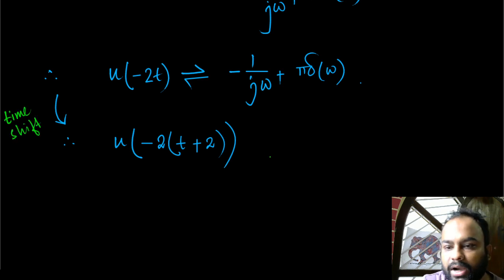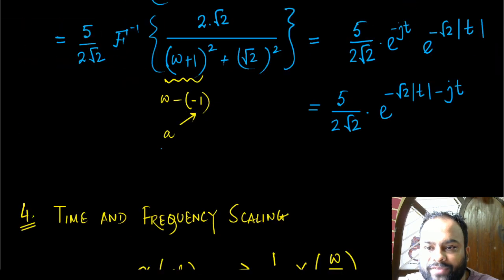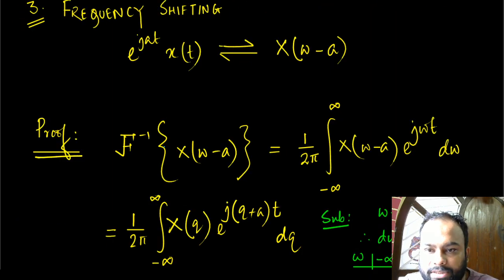Right? So in Fourier transform, if I have a time shift, I also know what to do here. So time shift by plus 2 units. Let's go back to the property of time shift. If you recall, what is that time shift property?